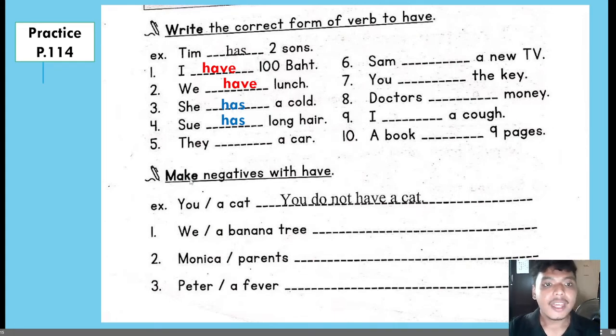Remember, I, you, we, they have. They have a car. Everybody write it down in your book. Finished?